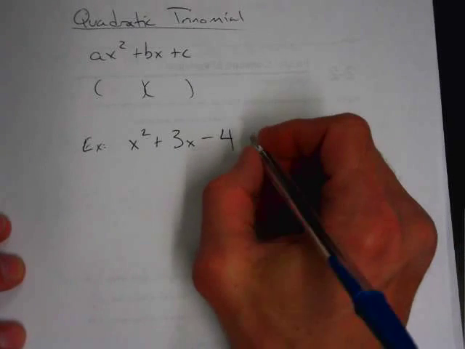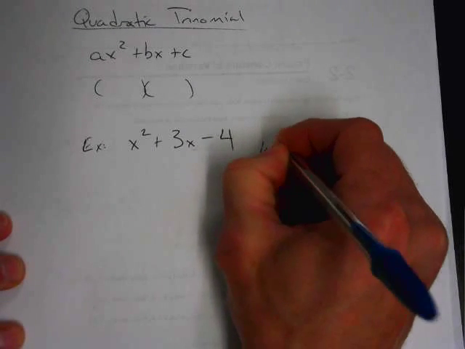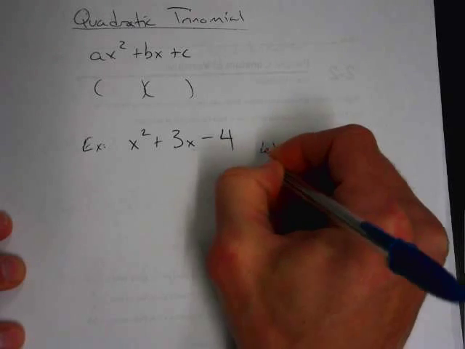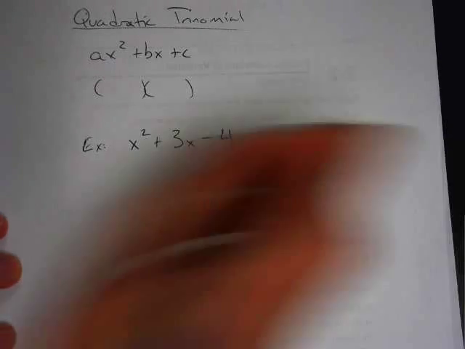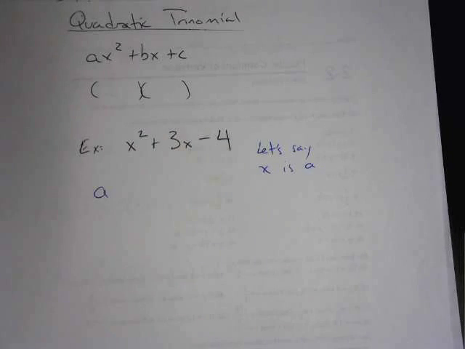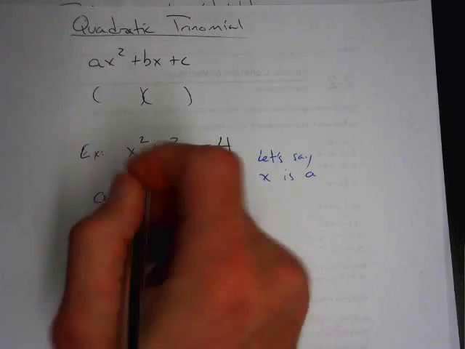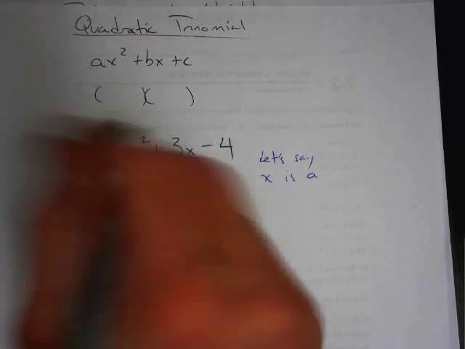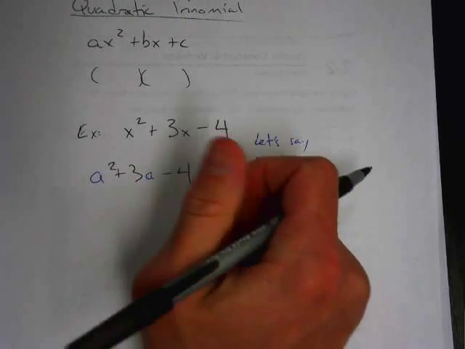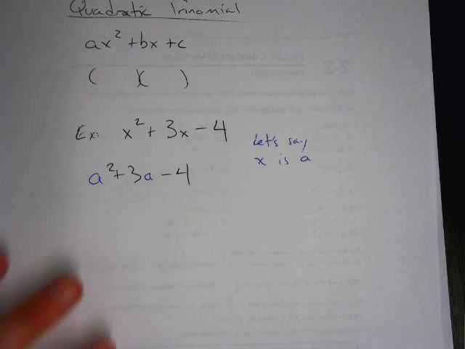So we can use substitution. Let's say x is a, then we can rewrite this as a squared plus 3a minus 4. And then we can totally factor this using any method we want.